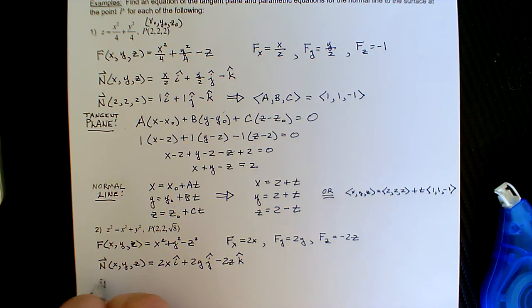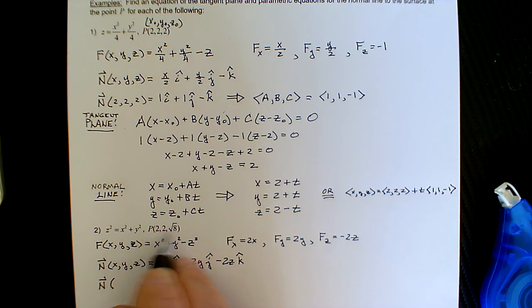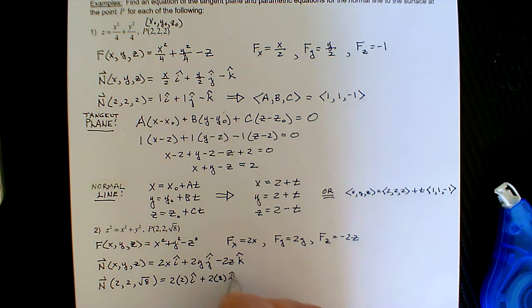So now the normal vector for our point is the point 2, 2, radical 8. Just plug those values in, so 2 times x is 2i, plus 2 times y is 2 times j, and then minus 2 times z is square root of 8 times k.